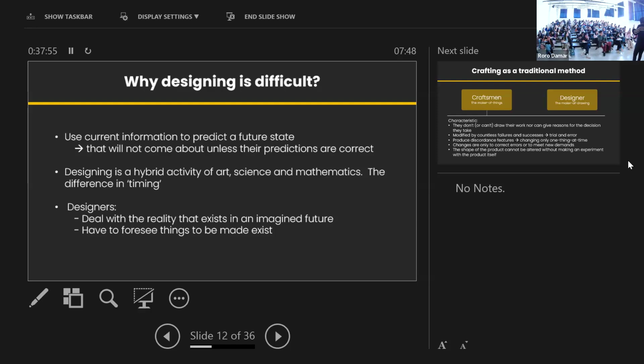For instance, someone in product design can predict what the market wants, where the trend will go, so that I will have to follow the trend and make something new that people will love.